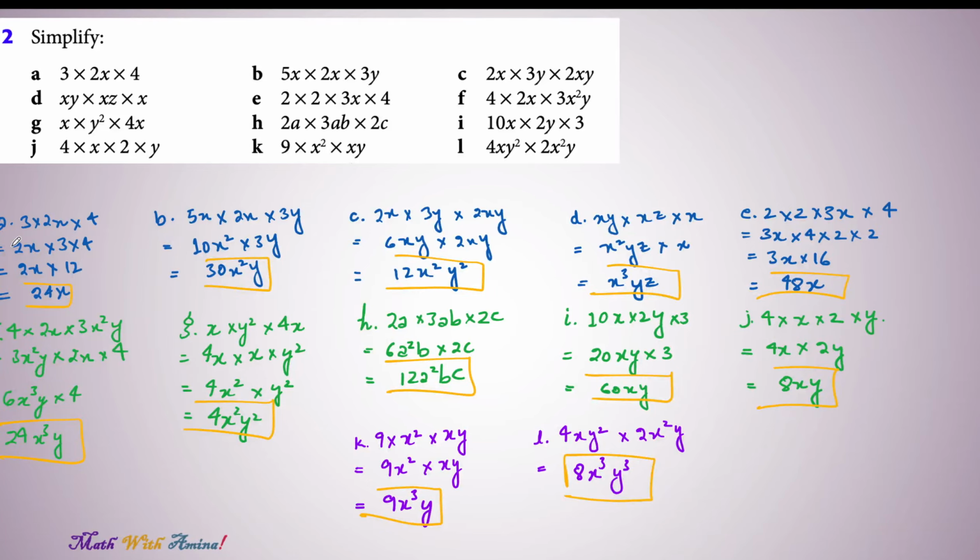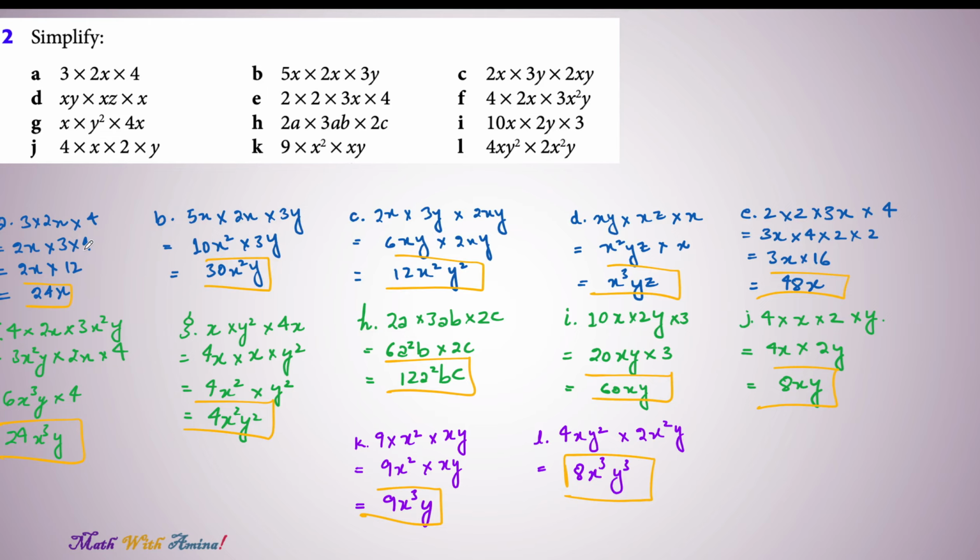So let's start with the very first one. We have in here 3 multiplied by 2x multiplied by 4. First we combine like terms by grouping variables with variables and constants with constants. So we will write it as 2x multiplied by 3 multiplied by 4.